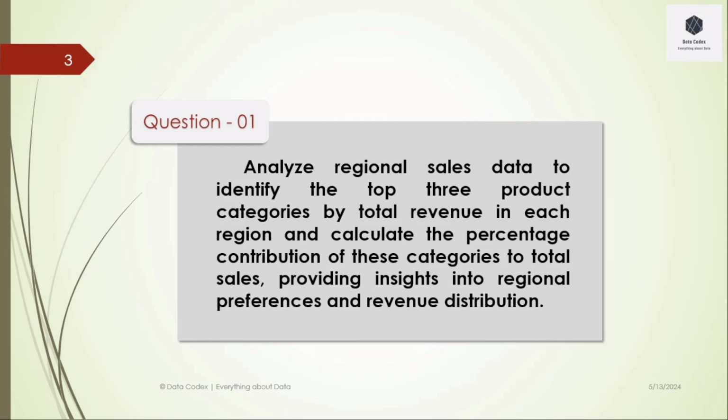So we are going to filter out the top 3 products based on the total revenue in each region, and from those top 3 we are going to calculate their contribution to the total sales in that region, and provide additional insights for the region preferences and the revenue distribution in the particular region. So we are going to filter based on each region.